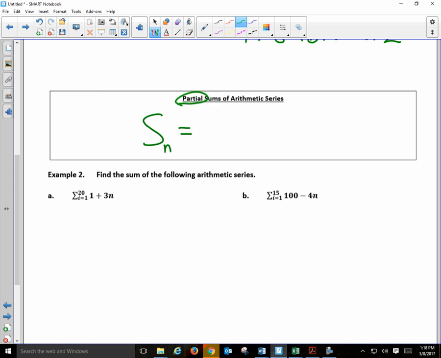So he took the first term and he added it to the last term. And then he multiplied that by how many? 1 plus 100 times 50. Why 50? Half of n. So he took half of n. And so the formula for the partial sums of an arithmetic series is n times the first term plus the last term, all divided by 2.